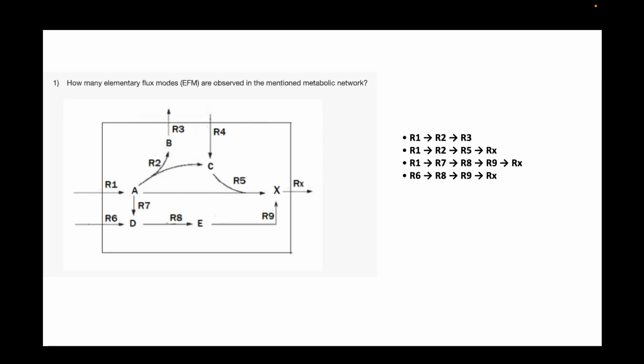The answer is going to be five, one more than this. So this is going to be another pathway, R1, R2, and R4, because this will be reversible, right? R4 will be reversible, so R1, R2, R4 will be another pathway. So five if R4 is a reversible one, and four if this is the condition that exists.